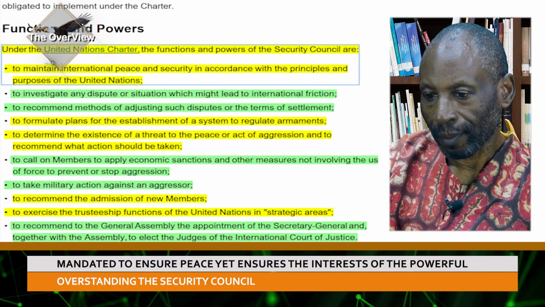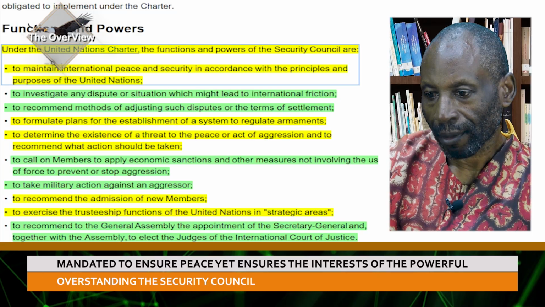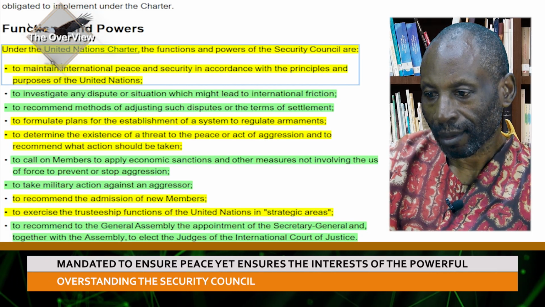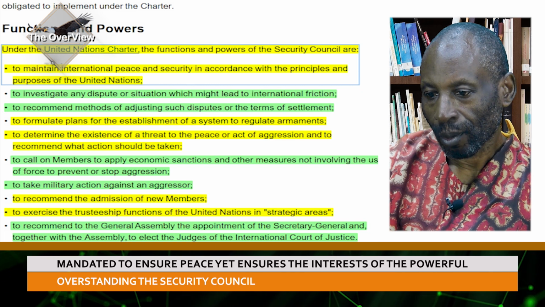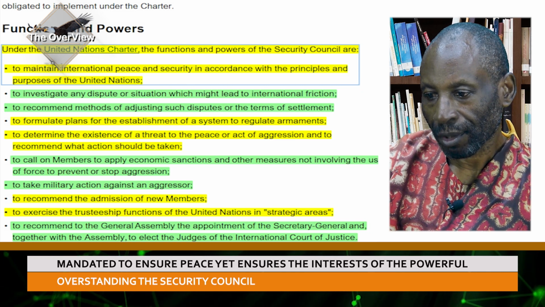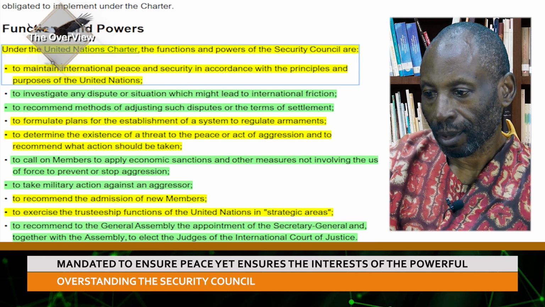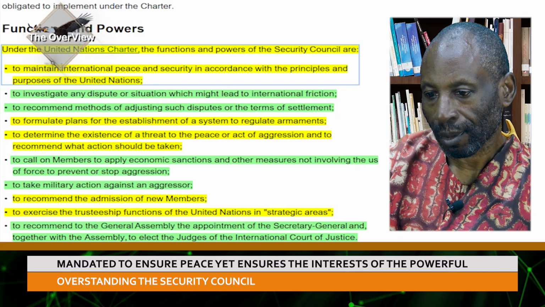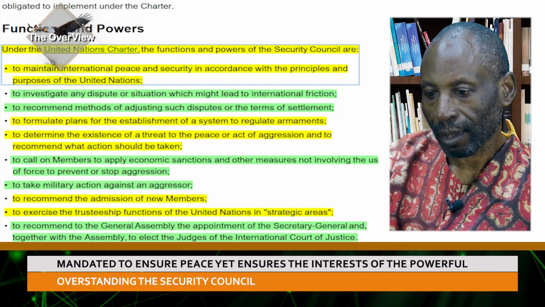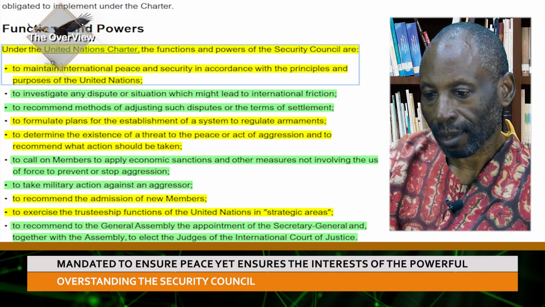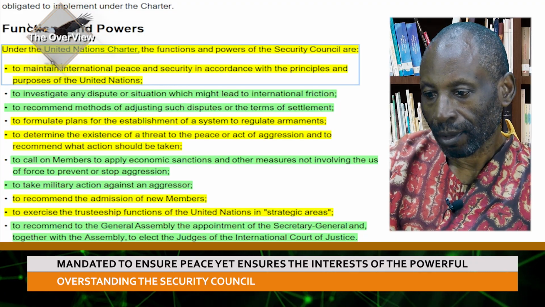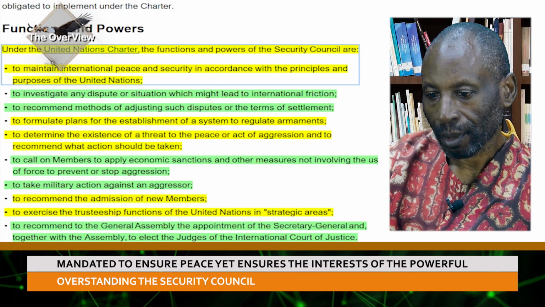To determine the existence of a threat to peace or act of aggression and to recommend what action should be taken. To call on members to apply economic sanctions and other measures not involving the use of force to prevent or stop aggression. To take military action against an aggressor. To recommend admission of new members, to exercise the trusteeship functions of the United Nations in strategic areas.